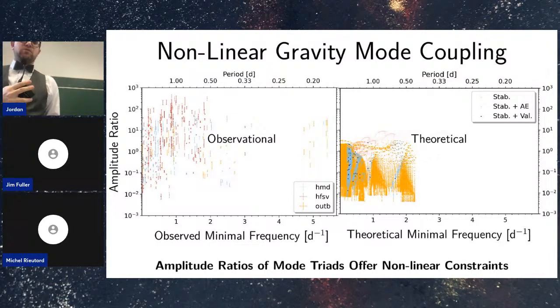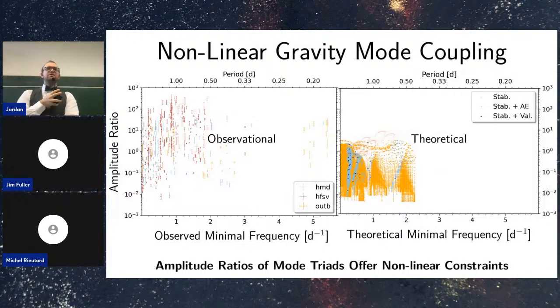It's not entirely in the image, but the main model parameter that I need to vary in the future is to look at how different opacity tables affect the results and these amplitude ratios.